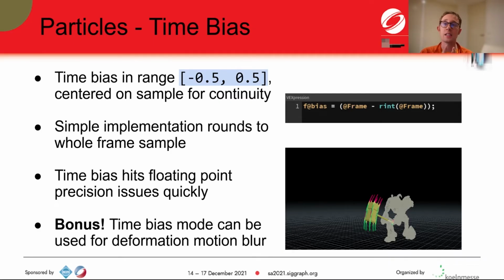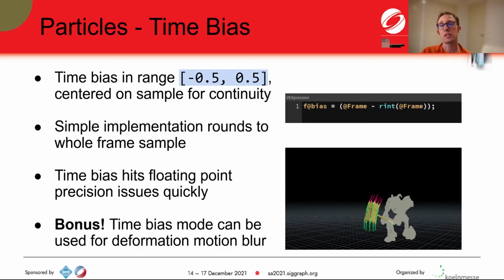The reason for that is that at -0.5 and 0.5, it's actually going to swap to the next frame. So our implementation is it's really only going to support whole frame motion attribute samples. You could change this relatively easily to support more than that, but we won't cover that here.